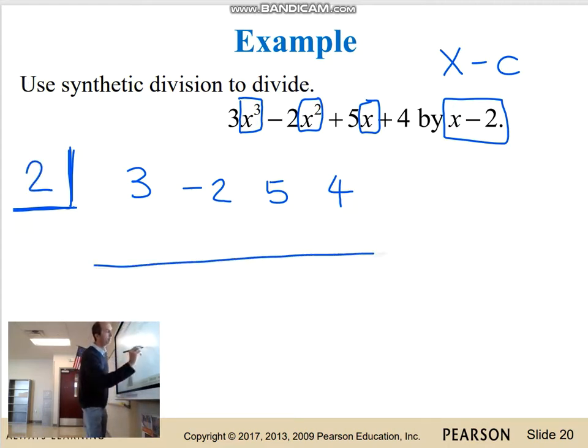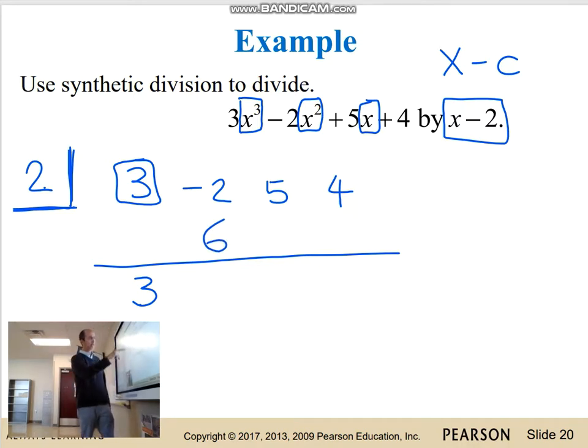And draw a line. Drop the first coefficient down. You're going to multiply 3 by 2, 6, and you write it underneath the next coefficient. Now we're going to add negative 2 plus 6, 4, okay? Now we get this one.